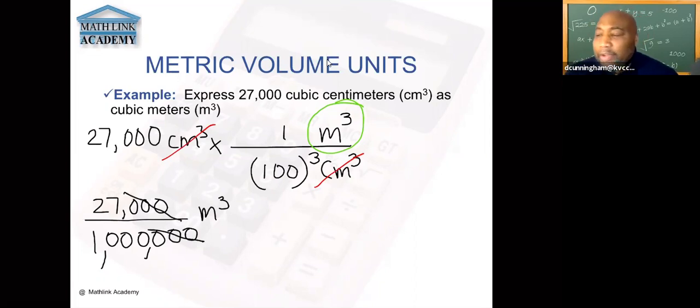And so we're actually left with 27 over 1,000. If you look here, 27 over 1,000, we're actually just moving the decimal 3 places, which will give me 0.027. 27 over 1,000 is really saying this is the tenth, hundredth, thousandth. This is 27 thousandths, and that's your answer. And then we'll circle it.